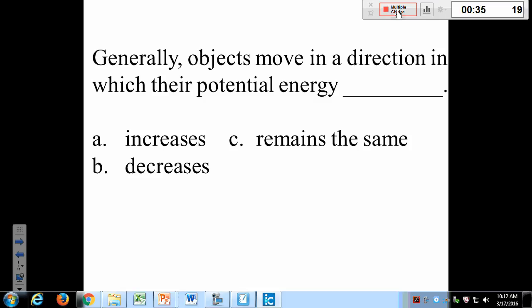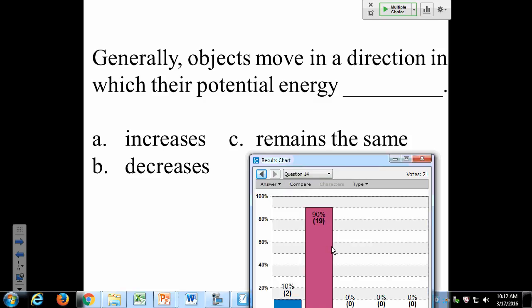All right, I'll stop at 40. Okay, good. B is right.